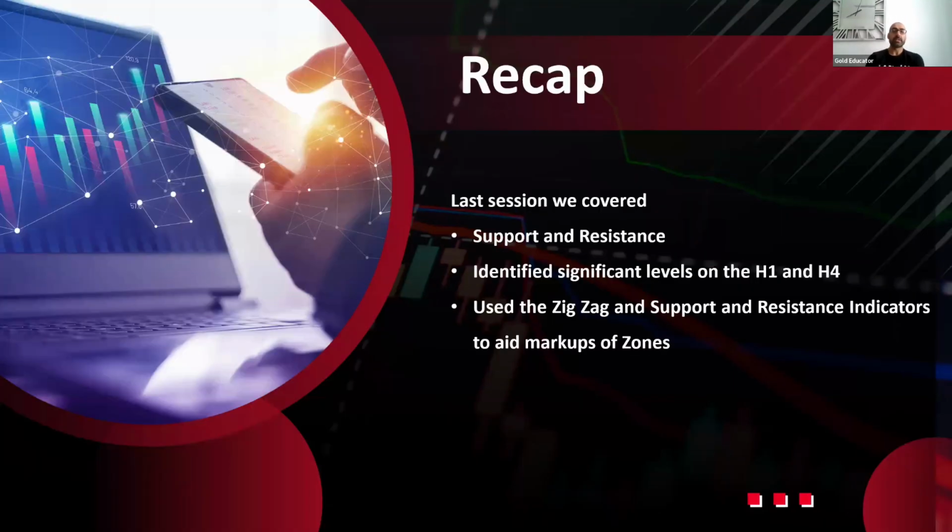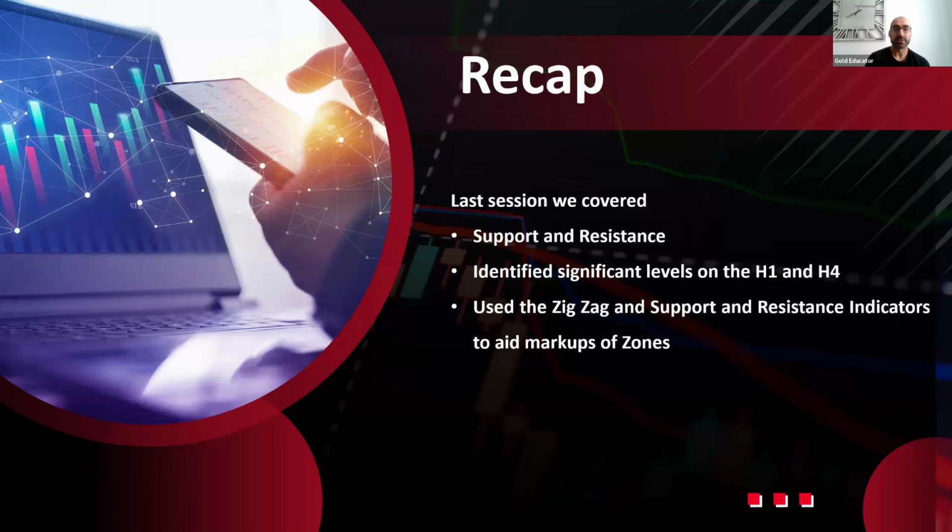Before we go into that topic itself, it makes sense to recap the previous sessions. Last week we went through support and resistance, a specific tool we have used for identifying structure in the market. We identified support and resistance levels, or key levels, on the H1 and the H4, your 1 hour and 4 hour zones. We also used that famous zigzag indicator along with a support and resistance indicator.